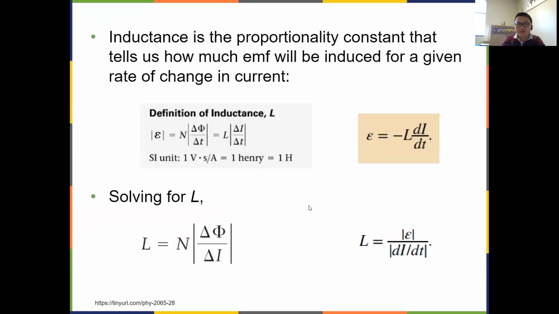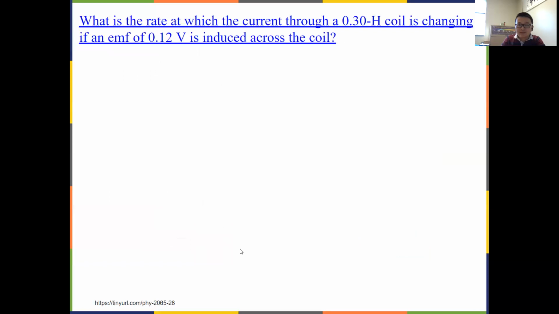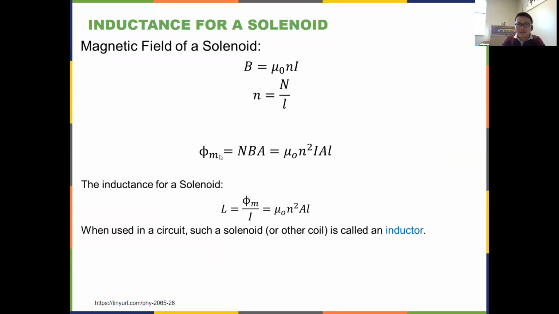If you go two slides back, L could be equal to N times delta phi over delta I. We have already put this in: this is the flux through each single coil, but if you have N turns, then it's multiplied by N. In this case we have N already multiplied by the flux, so this should be the total already. You don't need another N in front of this.